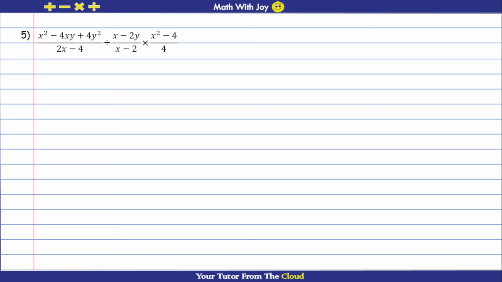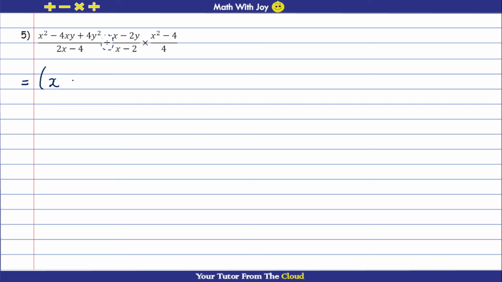Number 5. We want to also factorize this. What we see is that we have many terms at the top and many terms at the bottom. So let's factorize this. But important, you have a division sign. Right, let's say we factorize the top part. Factorizing the top part, you will get something like x. What are we looking for?